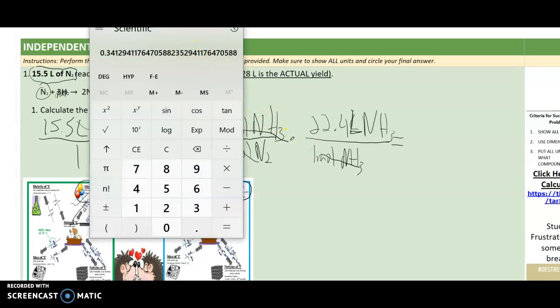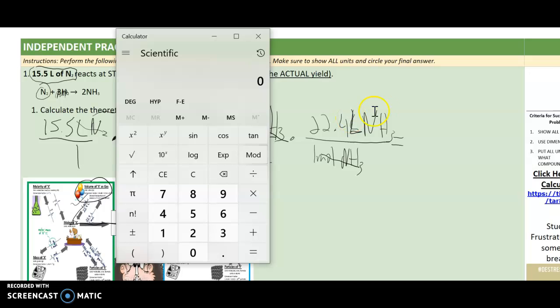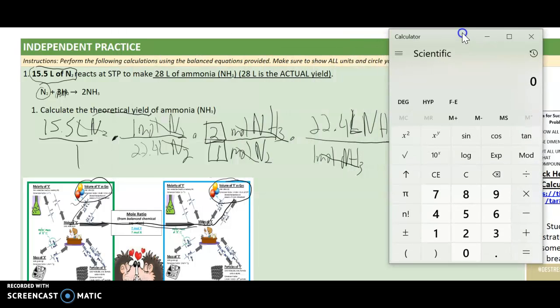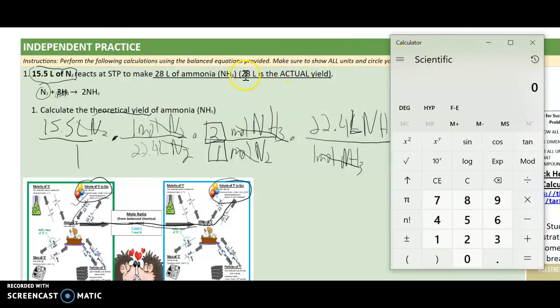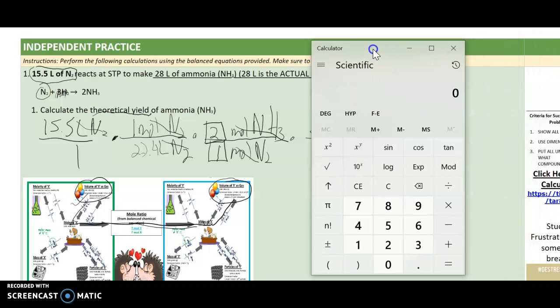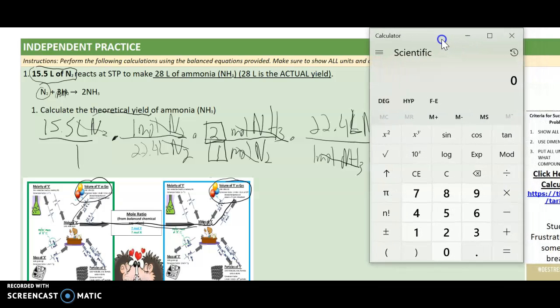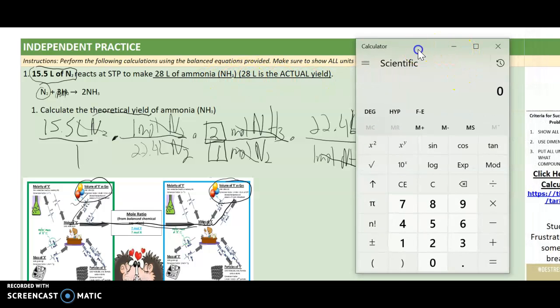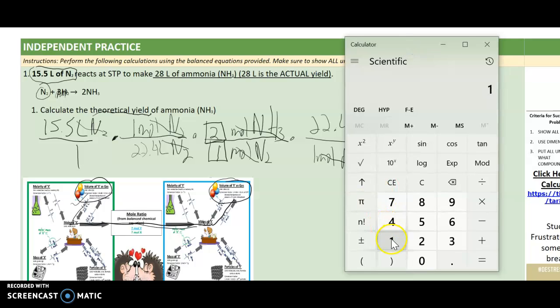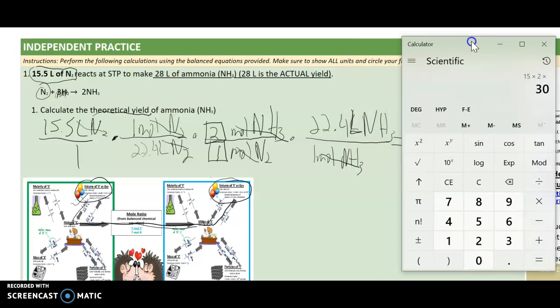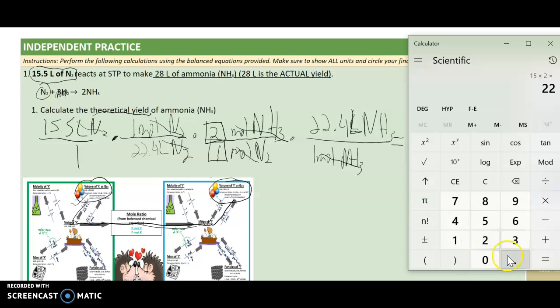And while I'm doing this math, something to keep in mind is that the number I get should be bigger than 28, right? Because you can't make more than what's theoretically possible. So if I get a number that's super, super small, that either means I did my math poorly or whoever did this lab really messed it up. But for now, I'm just going to type in my numbers, 15.5 times 1 times 2 times 22.4.